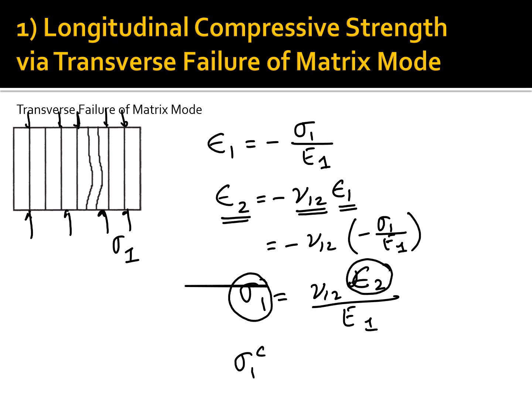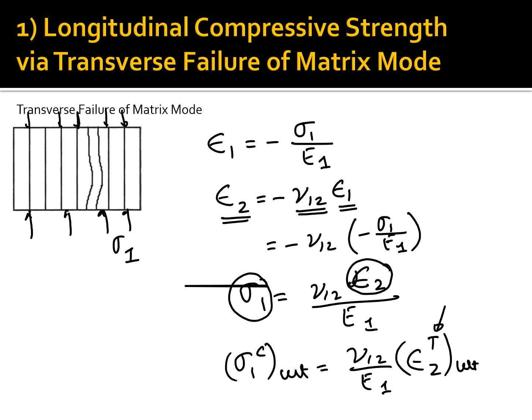So we can basically say sigma 1c ultimate will be equal to nu12 divided by E1 times epsilon T2 ultimate. This will be tensile in nature, so we have to look at what is the ultimate tensile strain which you can apply in direction 2, or which the unidirectional lamina can take. So we have to somehow come up with the formulas for this quantity right here, so as to be able to calculate what sigma 1c ultimate is.